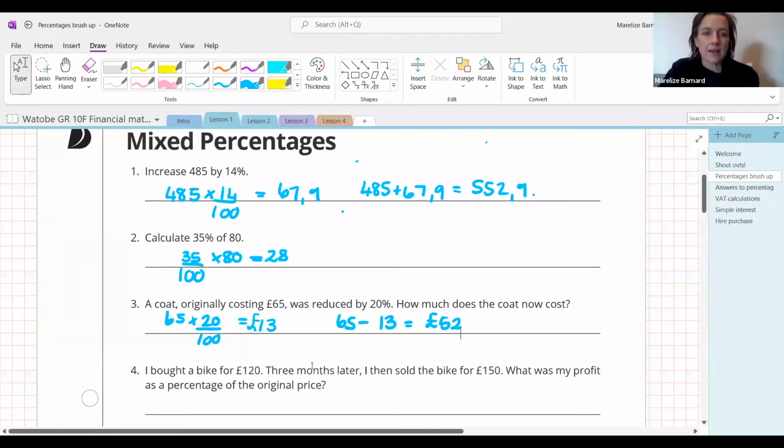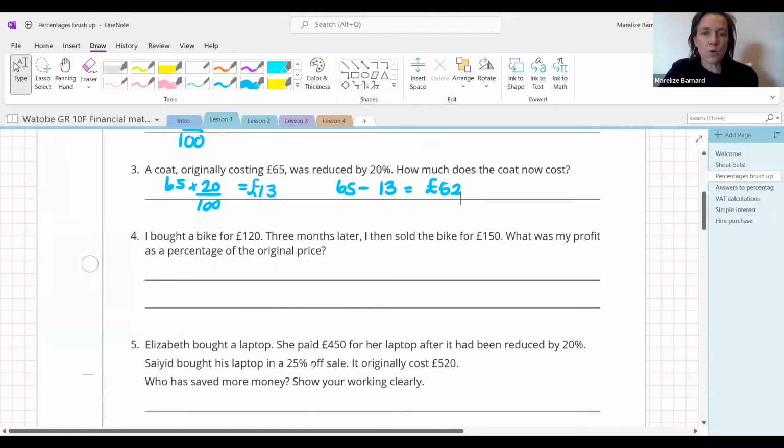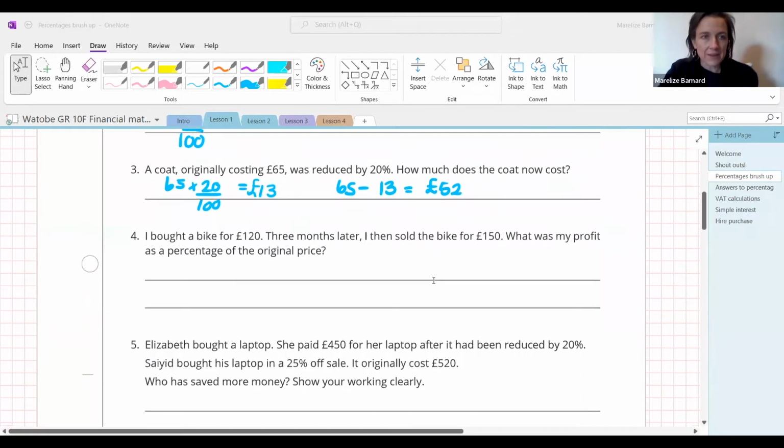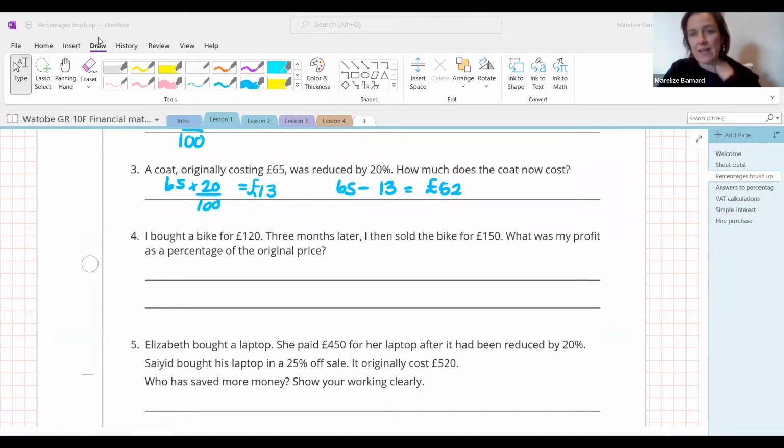Right. Let's do question 4 and question 5, and then we're going to move on to some VAT calculations. Okay, let's see. I bought a bike for 120 pounds. 3 months later, I sold the bike for 150 pounds. What was my profit as a percentage of the original price?